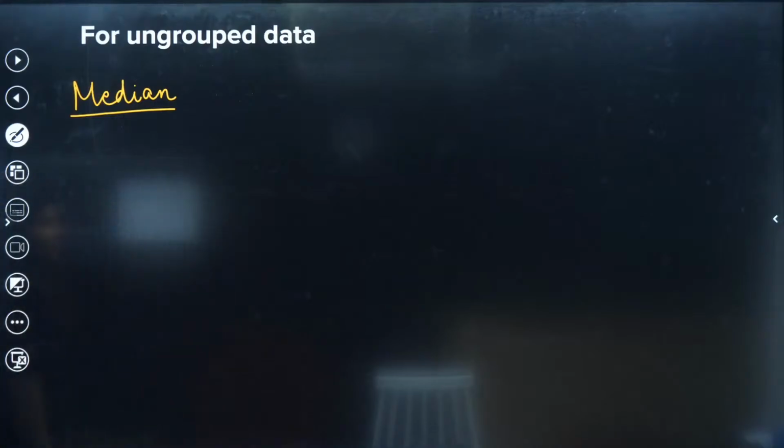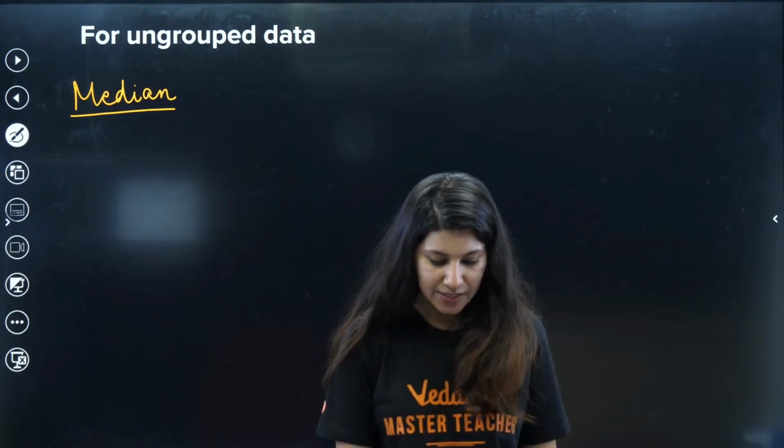Okay. So now median. For ungrouped data, we need to figure out the median as well, right?